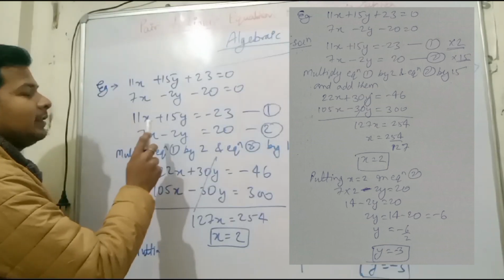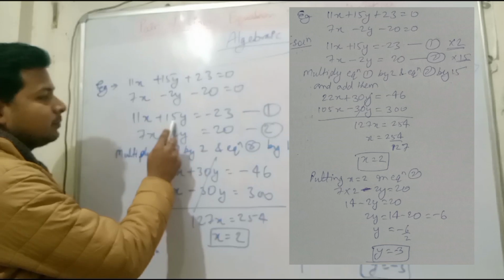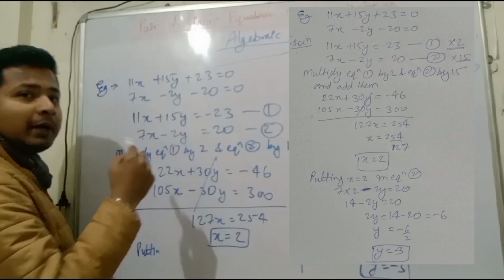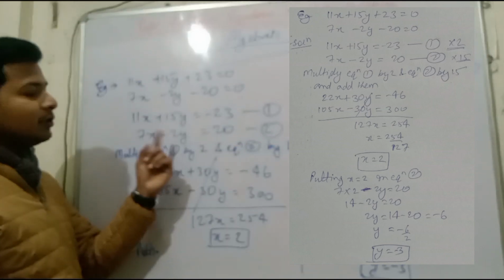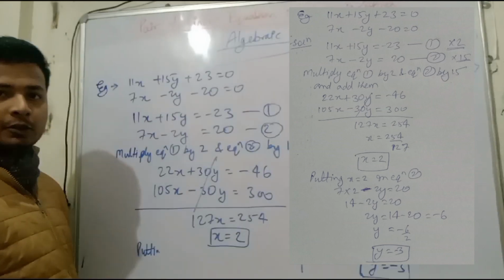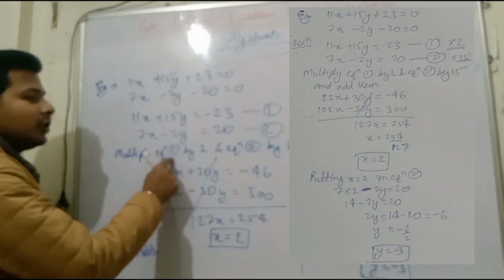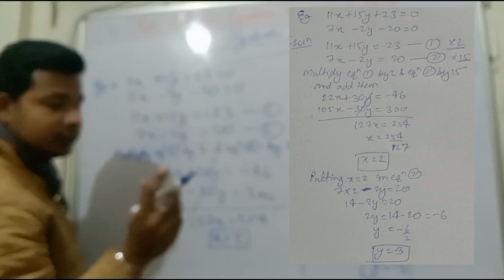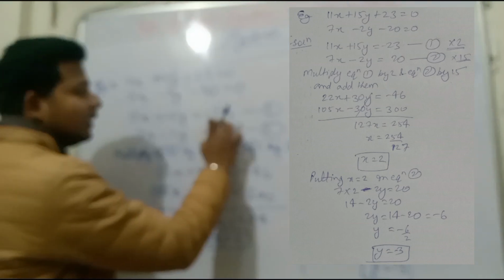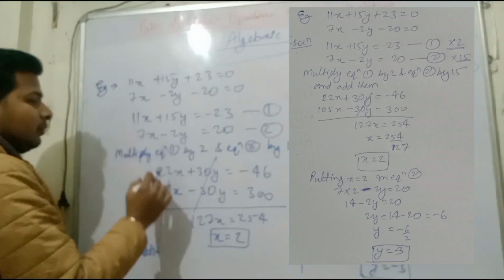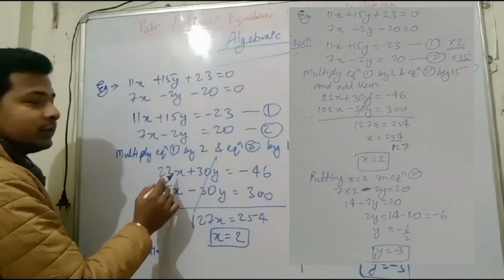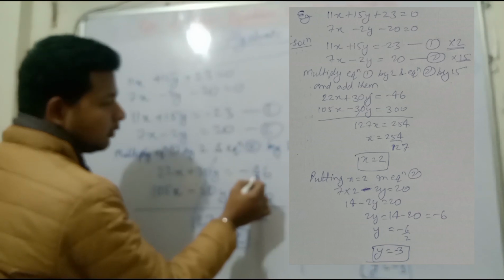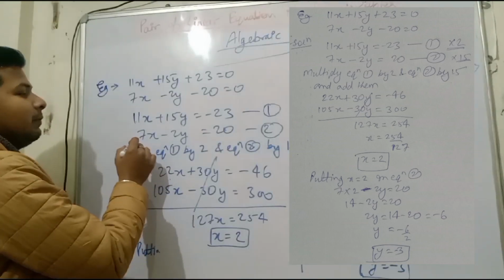Now we can say easily that if we multiply by 2 here, it will become 30, and by 15 here, it will become minus 30. After multiplying, we can easily add them. So by multiplying equation 1 by 2, we multiply 2 in the whole equation. It will become 22x plus 30y equals minus 46.